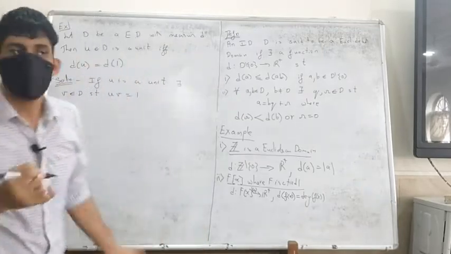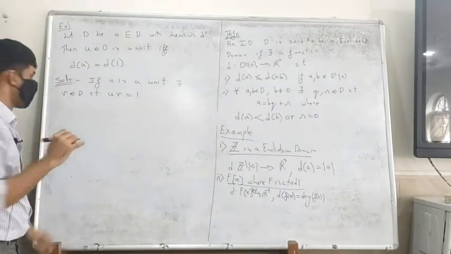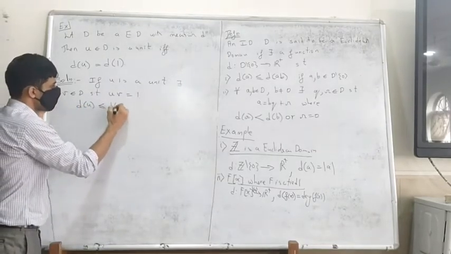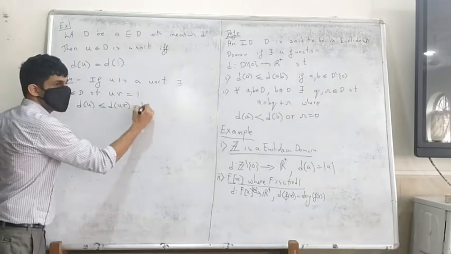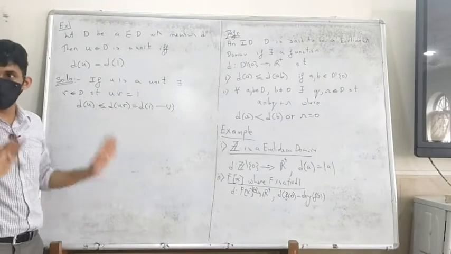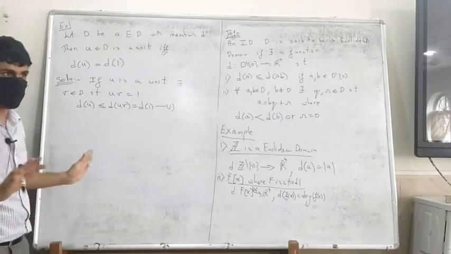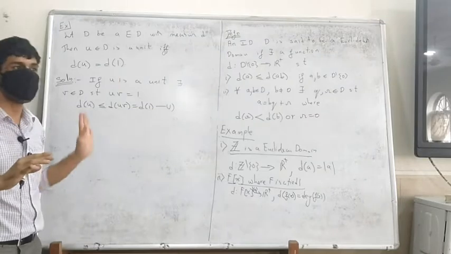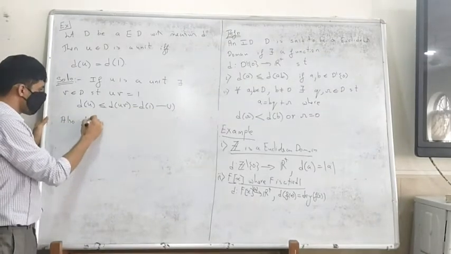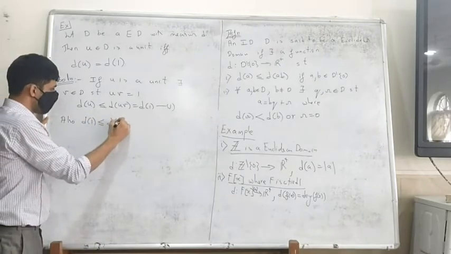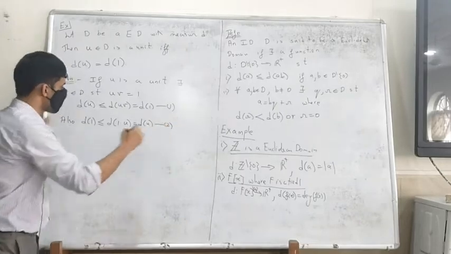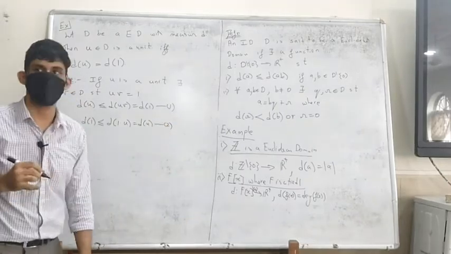So d(u) will be less than or equal to d(uv), but this is nothing but d(1). So we prove one side of the inequality, and as I told you, the second side is obvious. d(1) is always going to be the least measure. Also, d(1) is less than or equal to d(1·u), which is nothing but d(u). So that gives us the second part of the inequality. From these two, d(1) is equal to d(u).